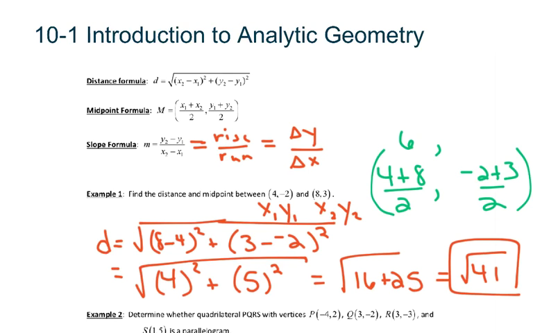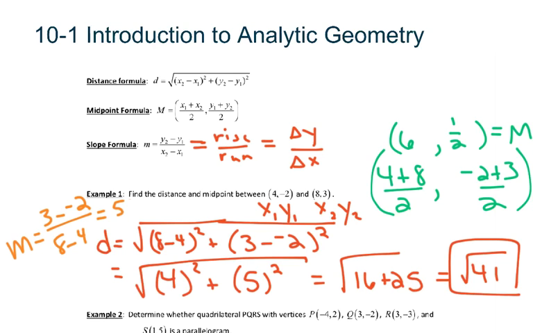Negative 2 plus 3 is 1. (6, 1/2) is the midpoint. If I had asked for the slope, you would have done y2 minus y1 over x2 minus x1, and you would have gotten 5 over 4, which means that the line between those 2 points goes up from left to right because it's a positive slope.